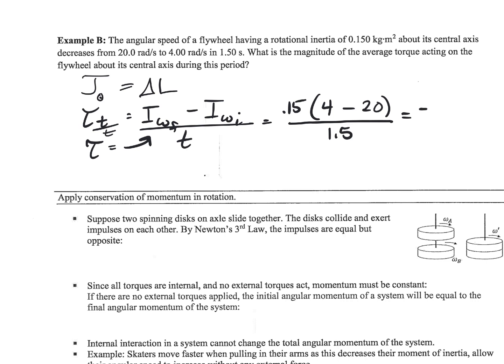So the torque is going to be negative because it is making it what? It's making it slow down, isn't it? So if it's going in one direction and it's slowing down, it means the torque must be being applied in the opposite direction, correct? It really makes sense if you think about it. Yep. Negative 1.6.